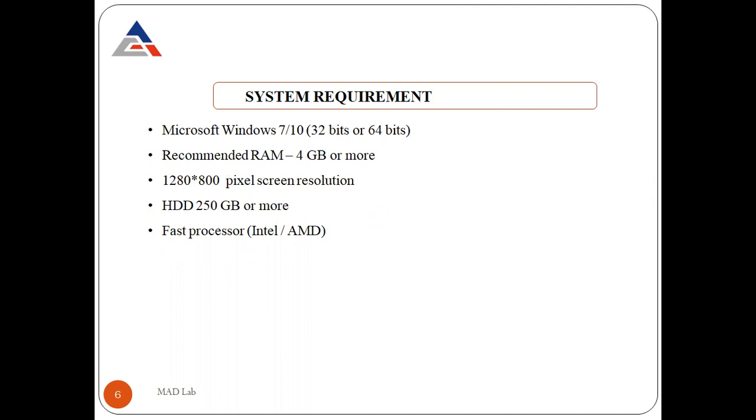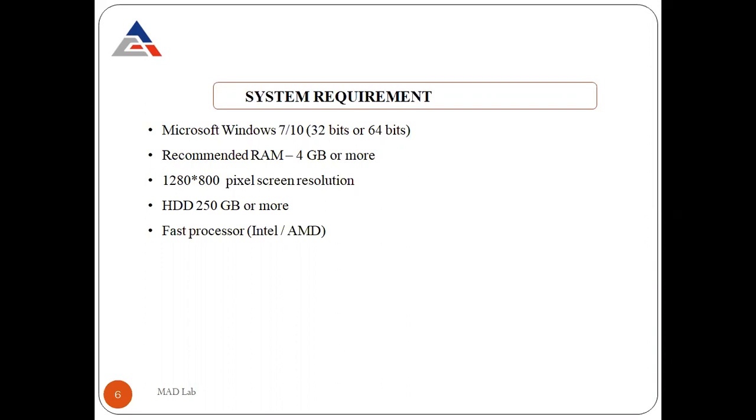On Microsoft Windows 7 or 10, you can have either 32-bit or 64-bit, and as per that you can download Android Studio. Android Studio comes in 32-bit as well as 64-bit versions, so you can choose whichever suits your system configuration.